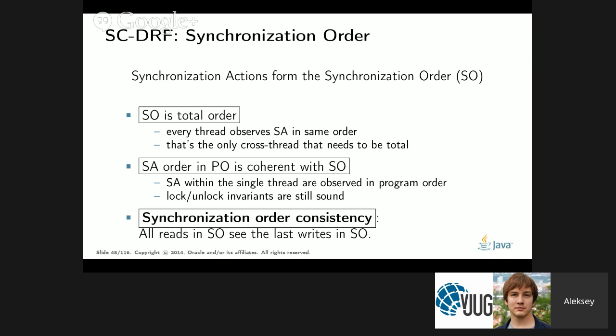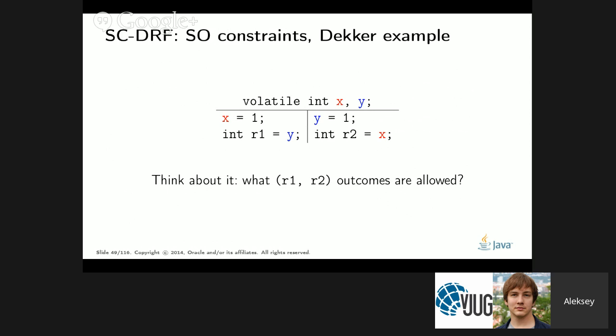There is also a synchronization order consistency, which says that all reads in synchronization order see the last writes in synchronization order. This is what you will actually read in the spec, and it gains you nothing. It's just gibberish when you first read it. So let's see how it goes in the examples.